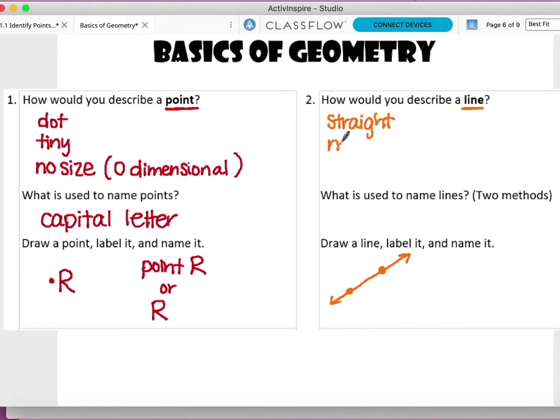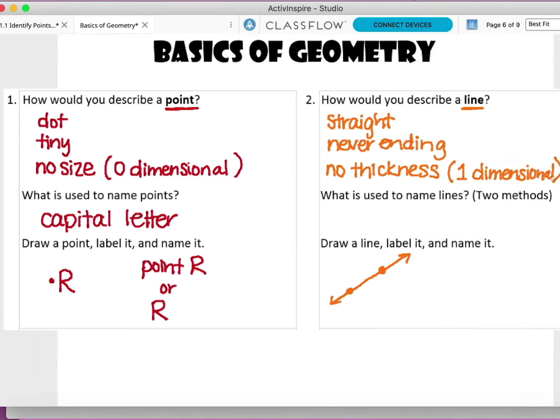It is never ending. And even though my pen has a little bit of thickness, a line technically has no thickness. Just like a point has no size. So there's no thickness, but you can go east-west or whatever, and so we consider it to be one-dimensional.